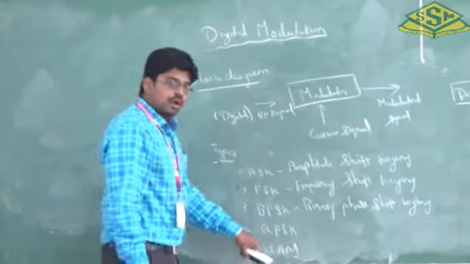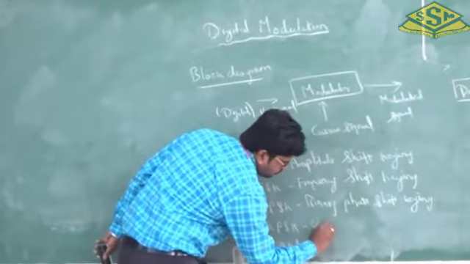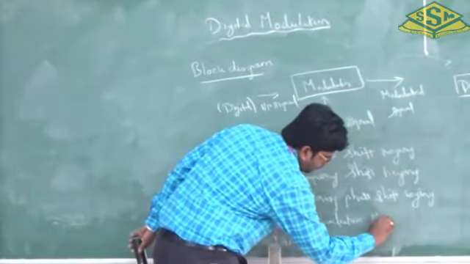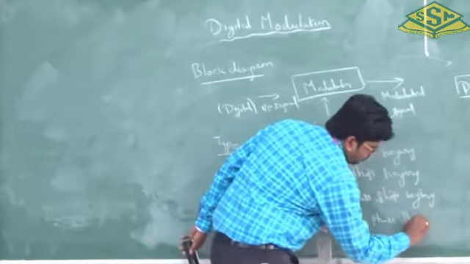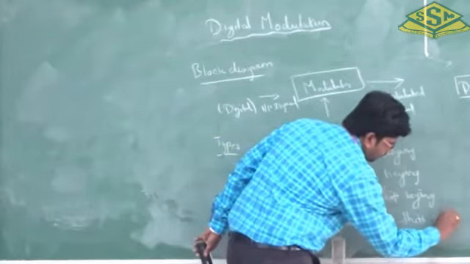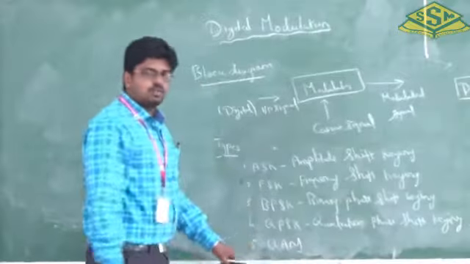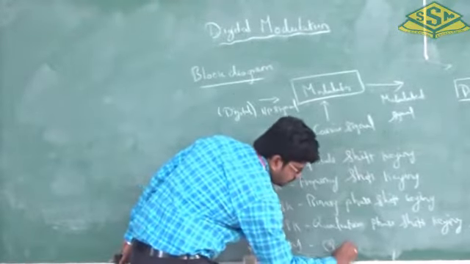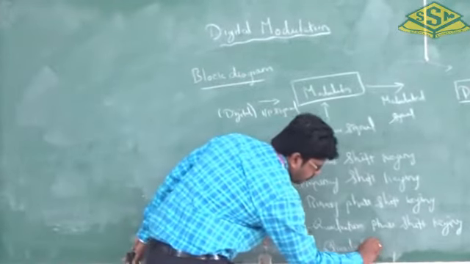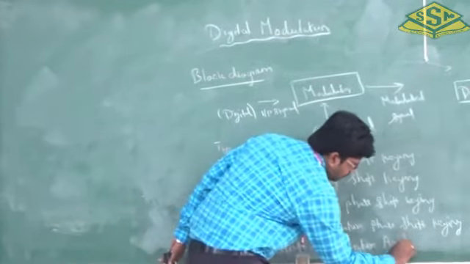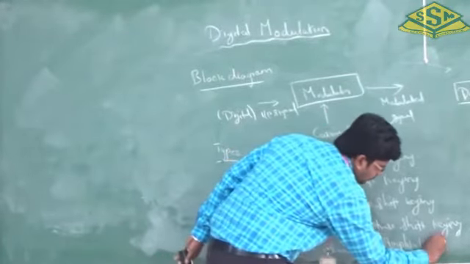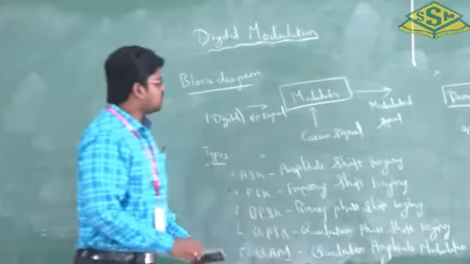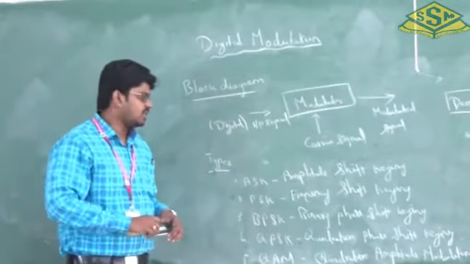Then QPSK, quadrature phase shift keying. The last one is QAM, quadrature amplitude modulation. So these are the types of digital modulation techniques.